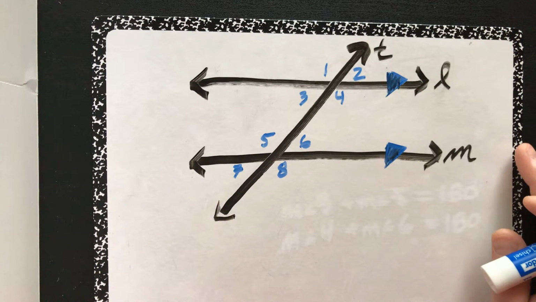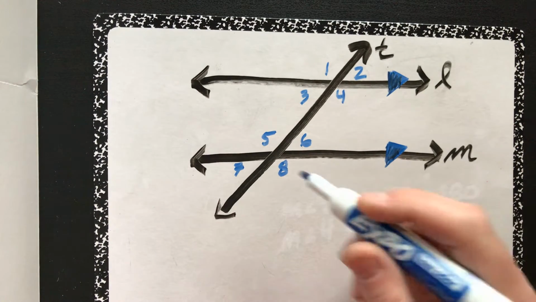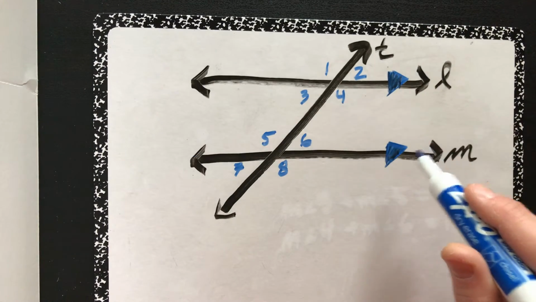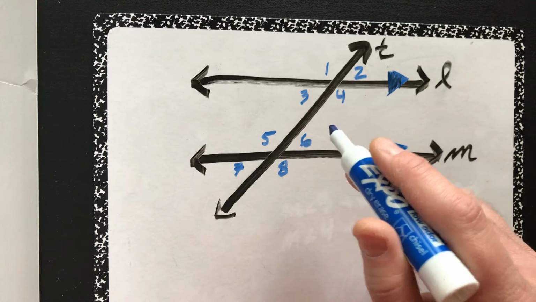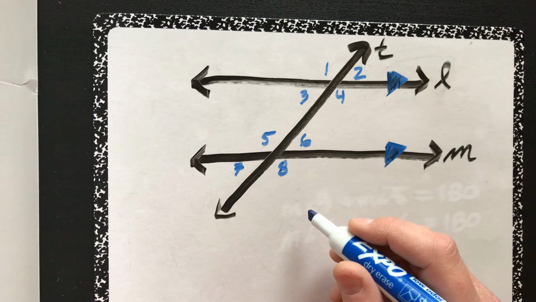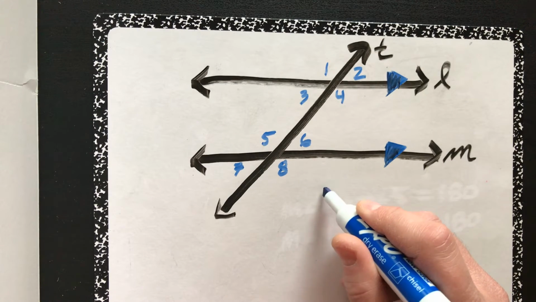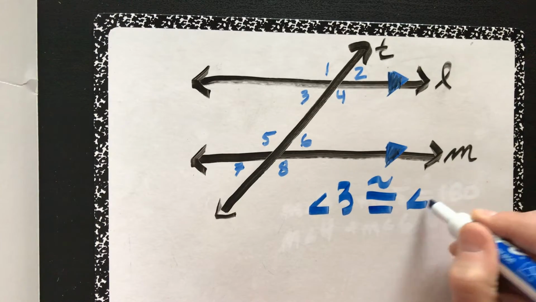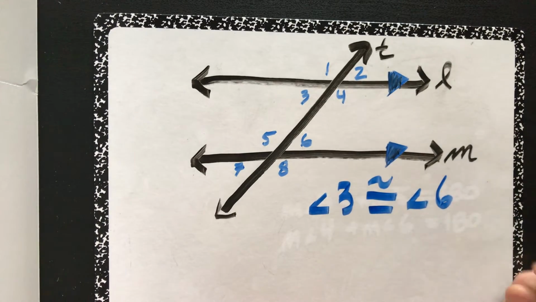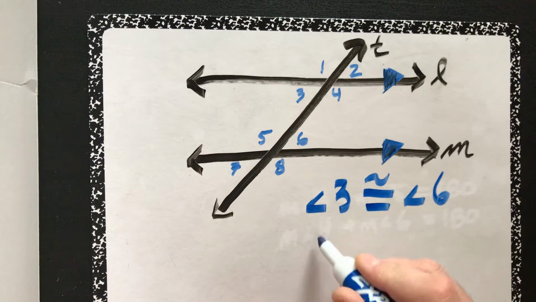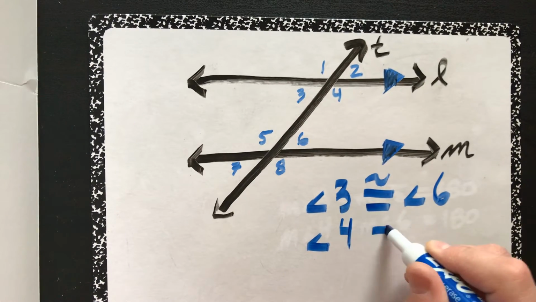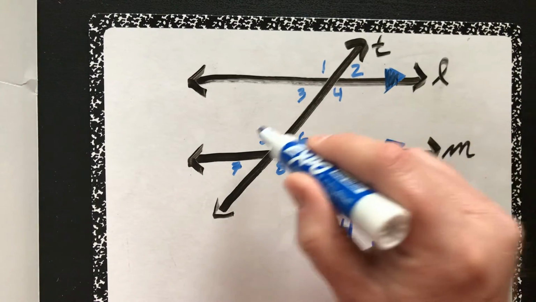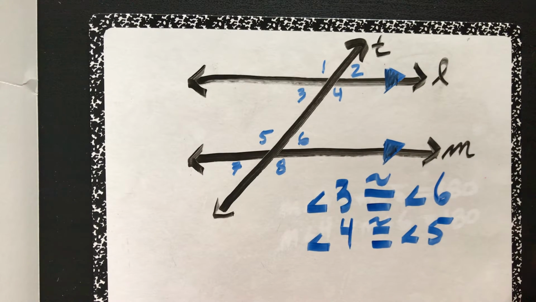The next one is alternate interior angles. And what this says is, if a transversal intersects two parallel lines, then the alternate interior angles are congruent. So in this example, our alternate interior angles would be angle 3, that is congruent to angle 6. All right, 3 and 6. Also, angle 4 would be congruent to angle 5. All right, those are also alternate interior angles.